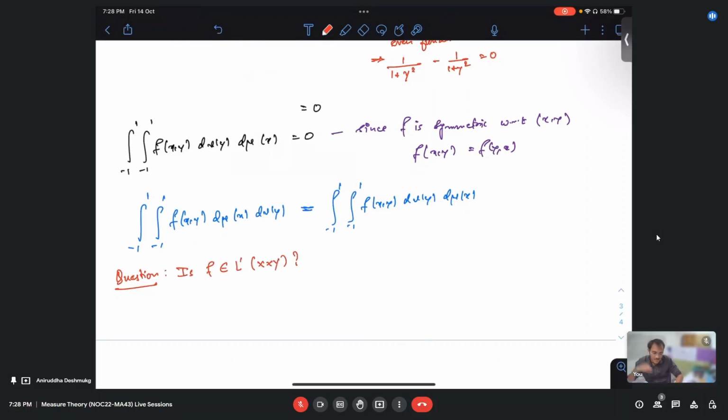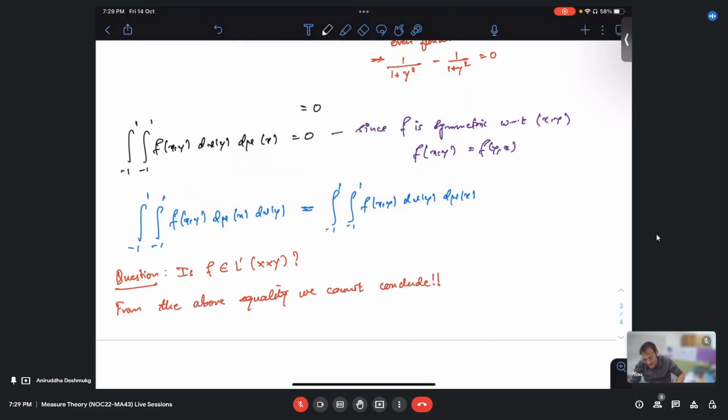Well, from the above equality we cannot conclude, and that is because f is not non-negative, so we cannot say anything about it.